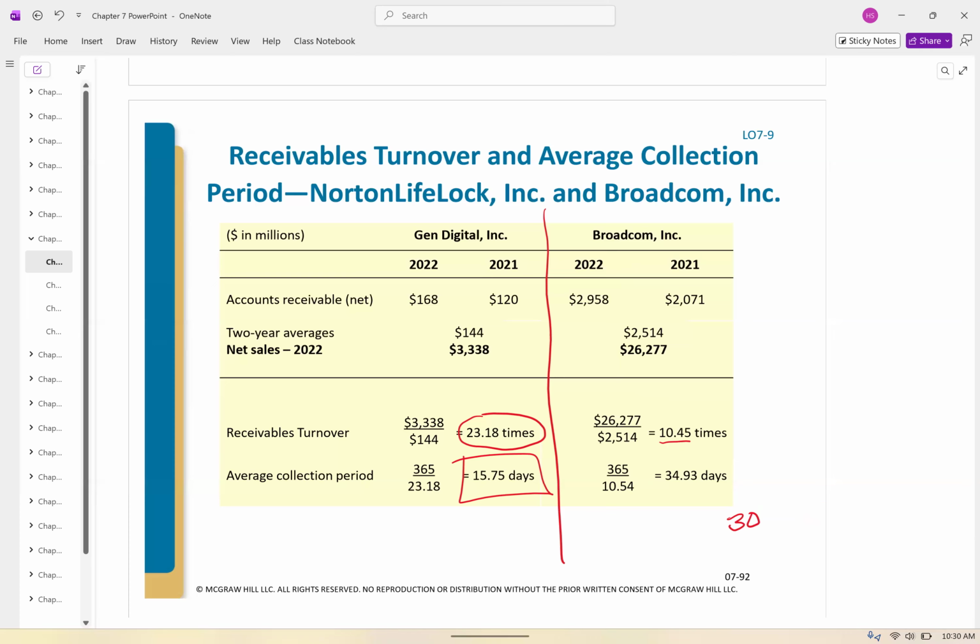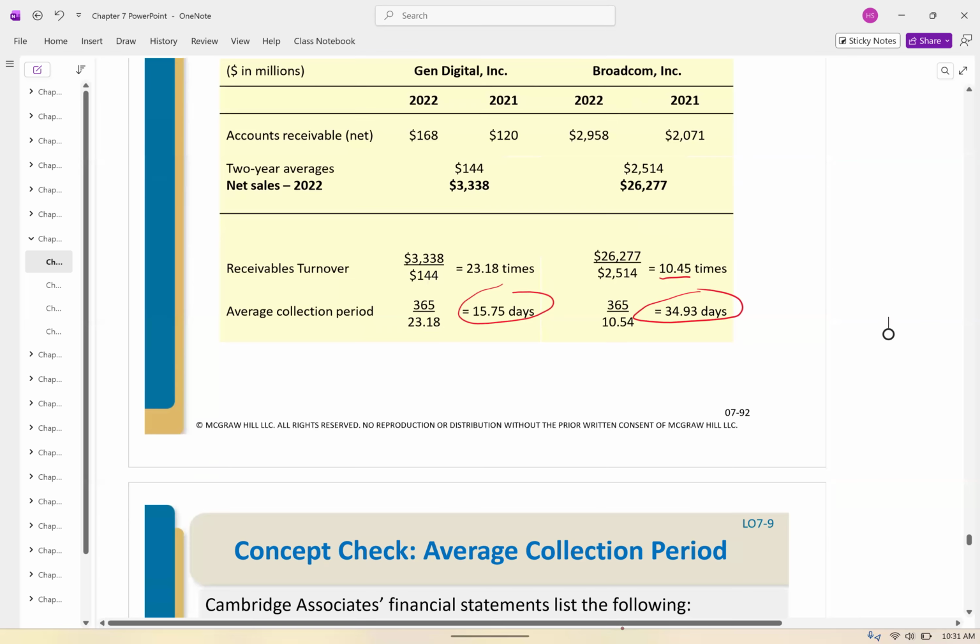Still not the worst, but we're not collecting most of the time within the credit period. It's a little bit more than the credit period. Okay. So you have to look at that. You can't just look at this and say, oh, this one's better than this one. You can't really do that because the credit period for this one could be longer. So you kind of have to look at what the credit period is that they're extending.